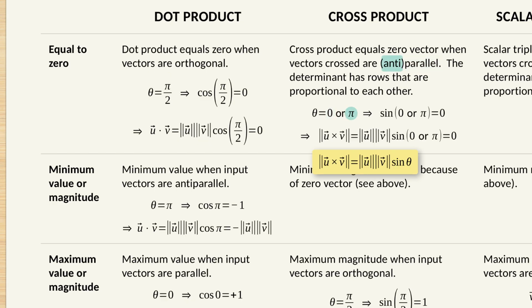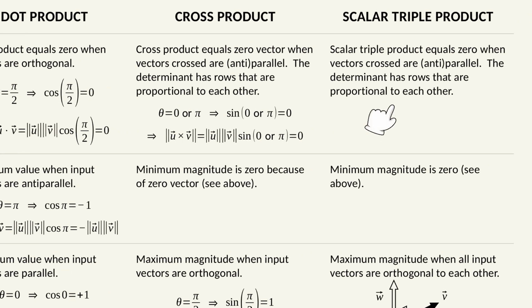If the vectors are anti-parallel pointing in opposite directions, the angle between anti-parallel vectors is 180 degrees, or pi radians, and sine of 0 or pi is 0. Putting this into the formula from above, for the magnitude of the cross product, we have magnitude of U multiplied by magnitude of V multiplied by 0, so then the magnitude of this cross product is going to be 0.